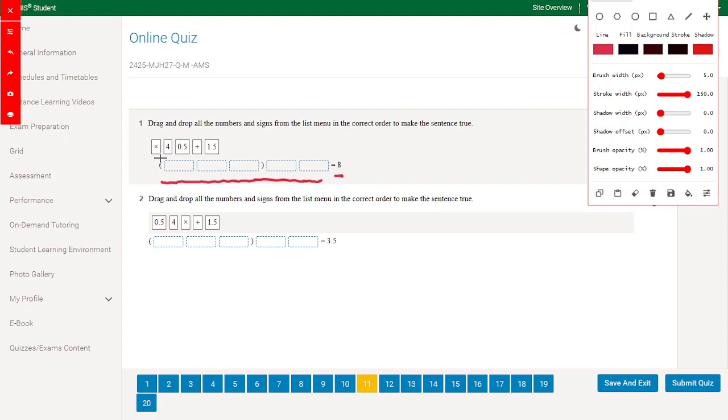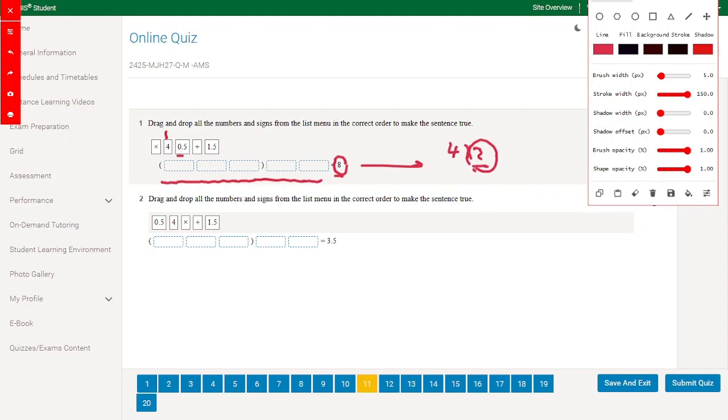So we have here 4 and 0.5, which is half, and 1.5. So 8, and if we say 4 multiply 2, we can get 8, right? So 4 is here.